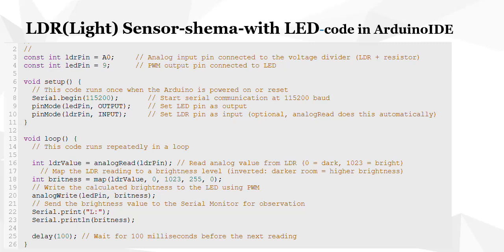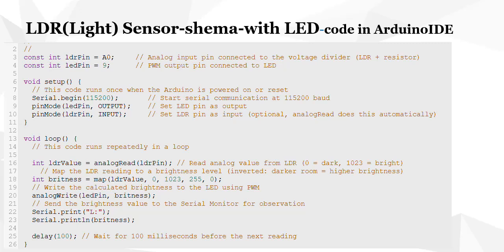When the ambient light level increases, the brightness of the diode needs to decrease. We need to add the LED pin. That will be 9.